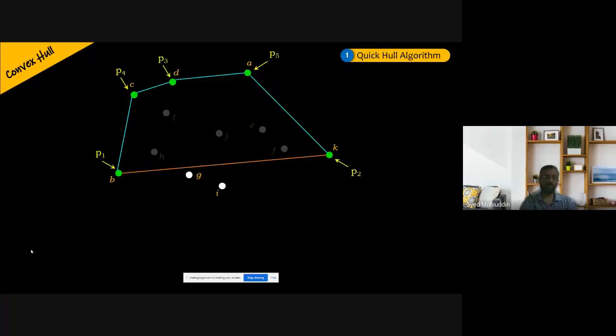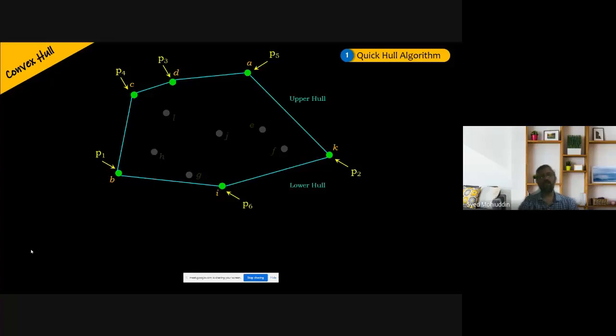Then we have the lower hull. In the lower hull, we can take G, but G is not the extreme point. So in the lower hull, we take I as the 6th point, and then try to form a triangle between P1, P2, and P6. Now point G is coming inside, so point G is not an outer extreme point. So that is eliminated, and now we have the convex hull.